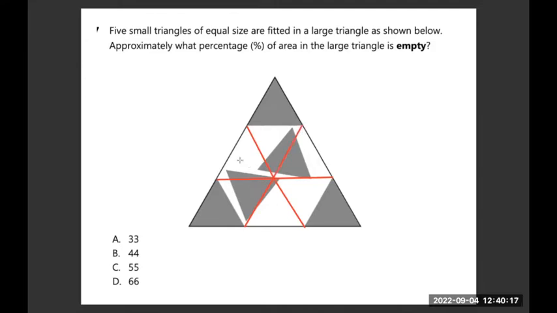So now can you tell me what is the proportion of the white part after looking at this? After looking at this diagram, what is the proportion of the white part? Now can anybody tell me?